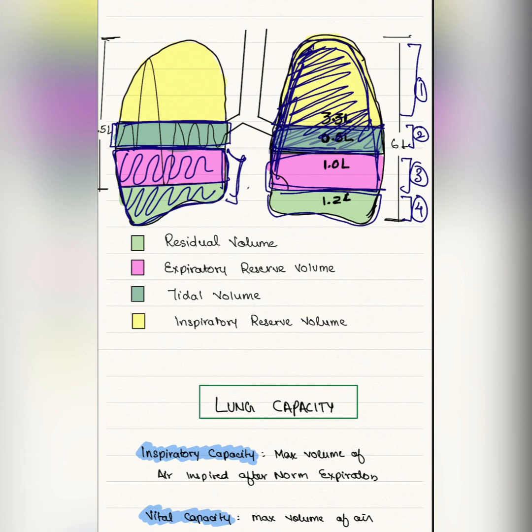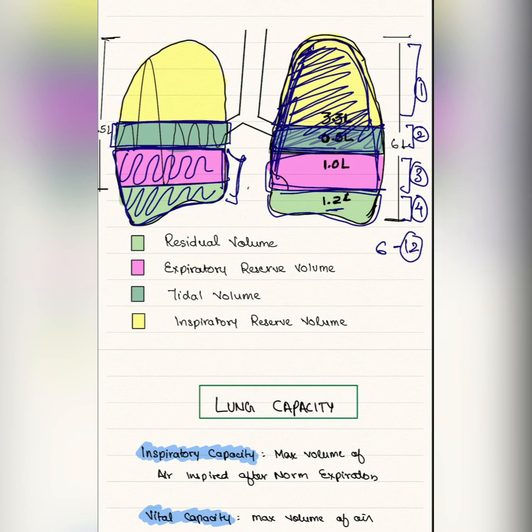But as we know, residual volume is constantly present in the lung, so that doesn't count. So the amount of air which can be filled by forceful inspiration and exhaled by forceful expiration is about 4.5 liters, which is 6 minus 1.2.